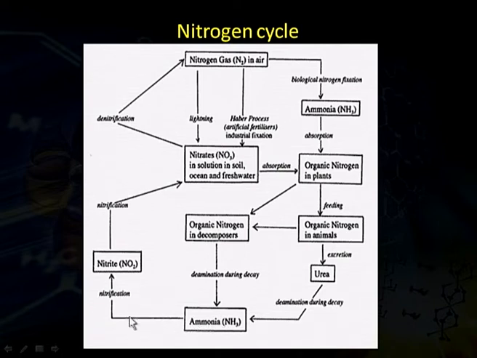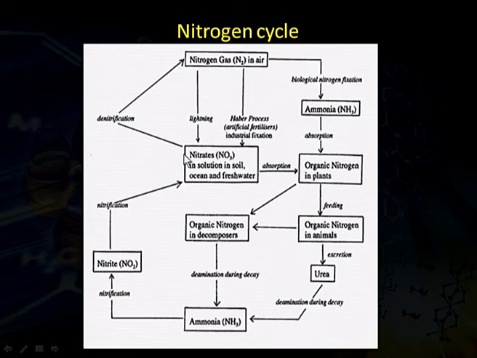This free ammonia is converted into nitrite, that is NO2, and this process is called nitrification. This nitrite is converted to nitrates, NO3, and this process is also called nitrification. So, through nitrification, nitrite gets converted to nitrates in soil, ocean and fresh water.